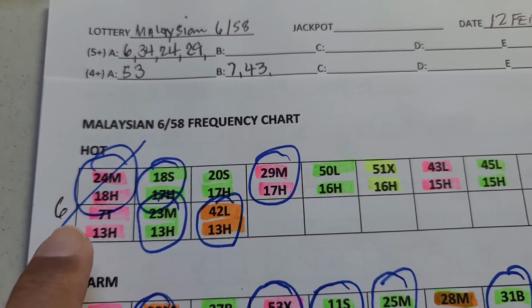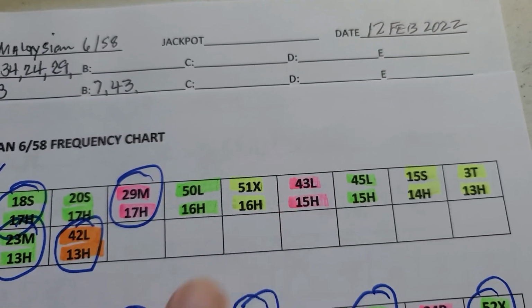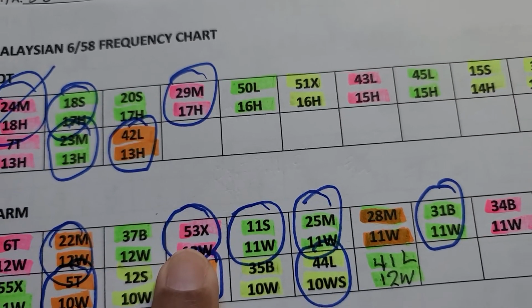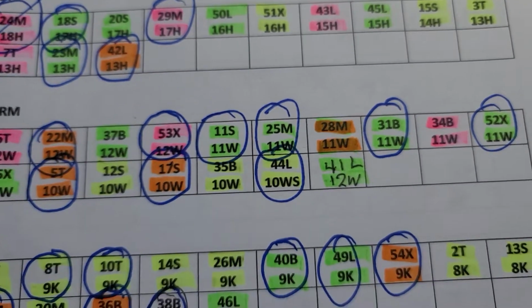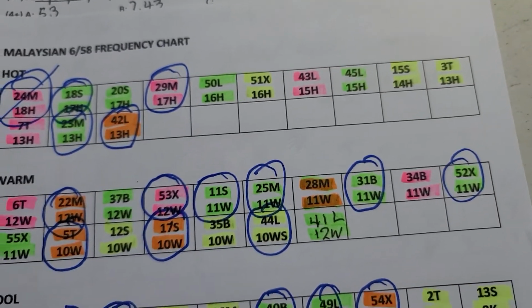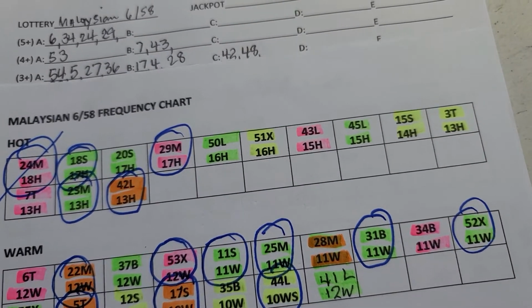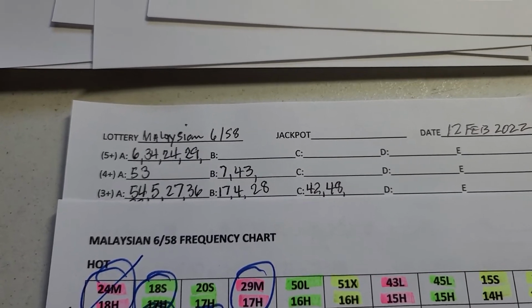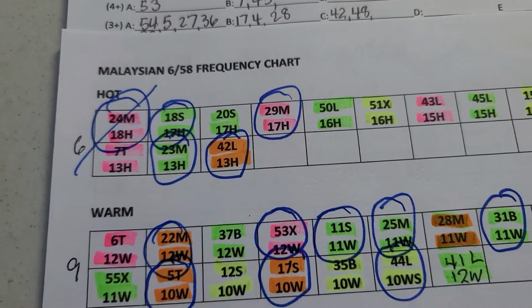Here you have 24, 7, 29 and 43, and then 6, 53, 34, and those are all of the highest frequency or most repeated numbers. Then I come down one line, and these are the second most repeated numbers, and the color I use for this is orange.